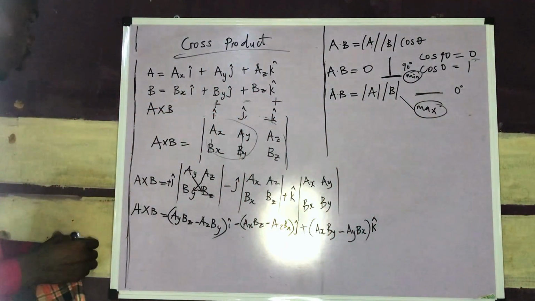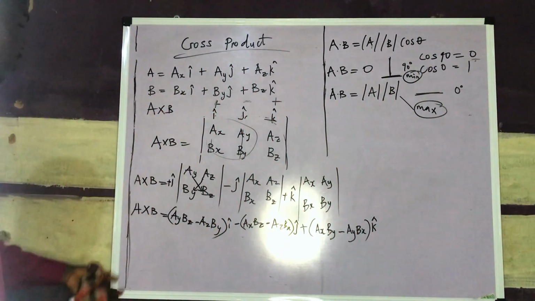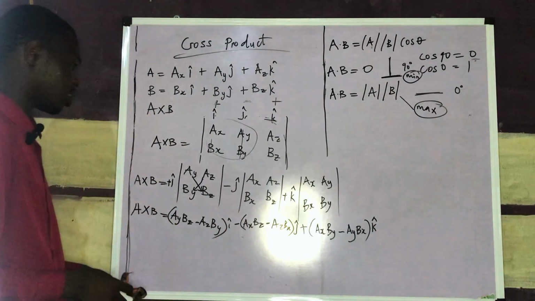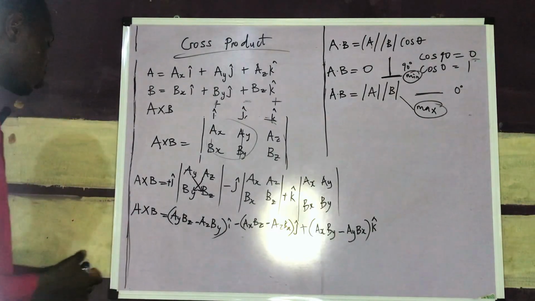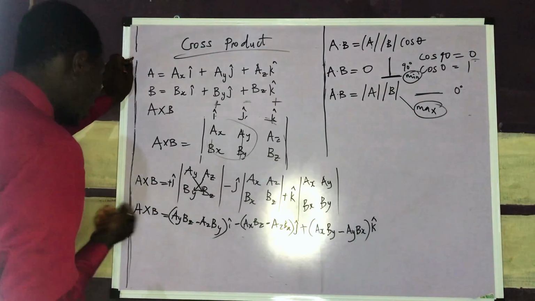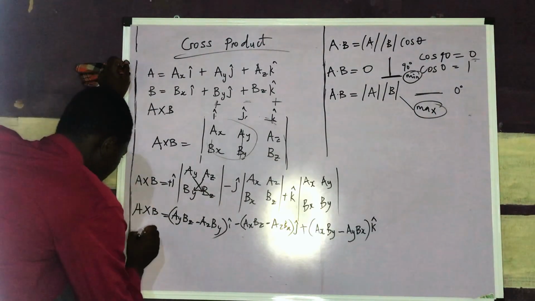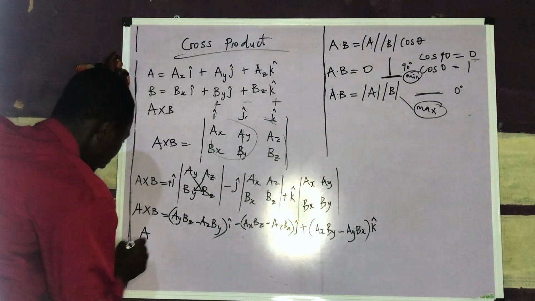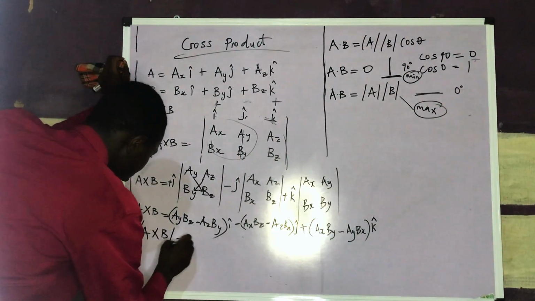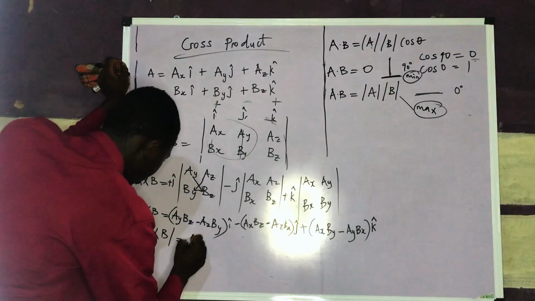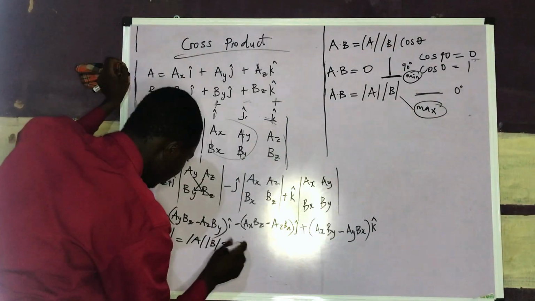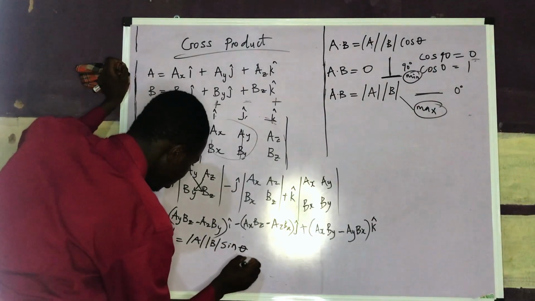So from here we can get our final answer. If we have values for A, we multiply and do our final answer, and we get A cross B. If we want to get the angle between these vectors, we can say that the magnitude of A cross B is equal to AB sine theta.